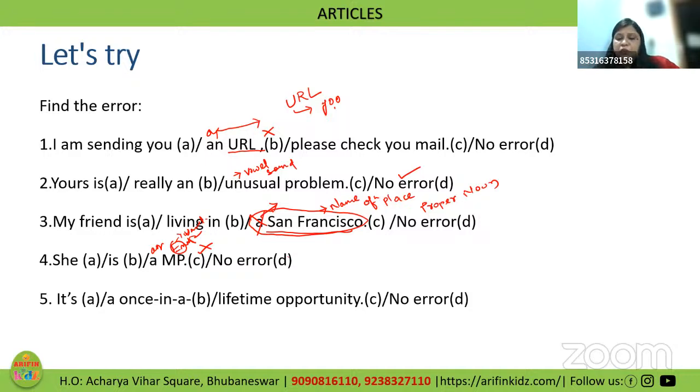We also have an option called no error. If you do not find the error, then the answer will be no error, because again the sound is wa, which is a consonant sound. Though the letter is a vowel, it is producing a consonant sound. So A is perfectly fine. So no error.